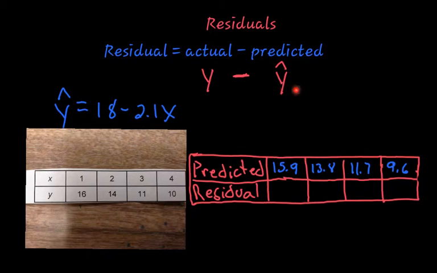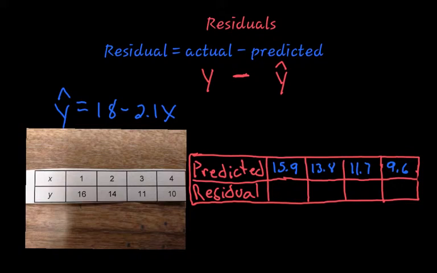Our predicted value, y hat, is when you substitute the value of x into the equation and find y. Those are the predicted values. So you get these numbers from the table, and you get these numbers from the equation we found, the line that best fits the data. I already have what the table looks like, and I'm just going to tell you how to get the numbers.